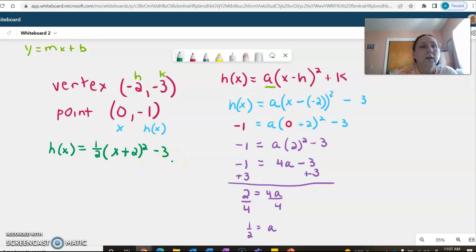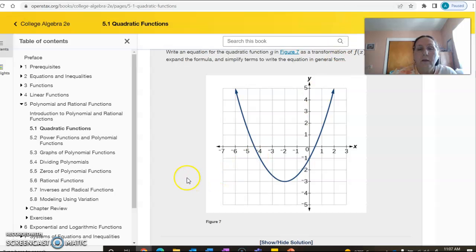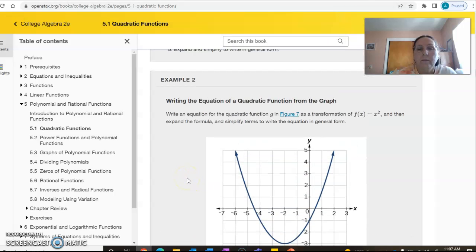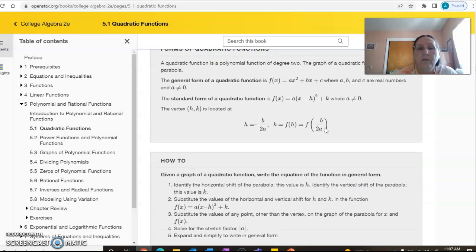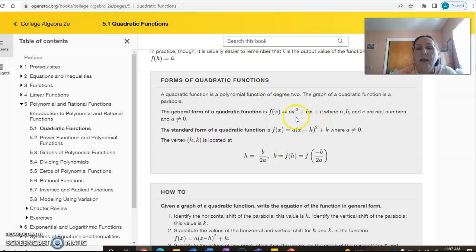Now, here's the catch. They want us to write the equation in general form. So let's go back up and find general form. That's ax squared plus bx plus c. So that means we have a little bit more work to do.